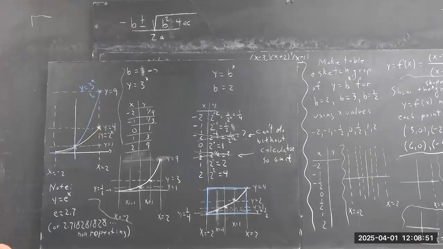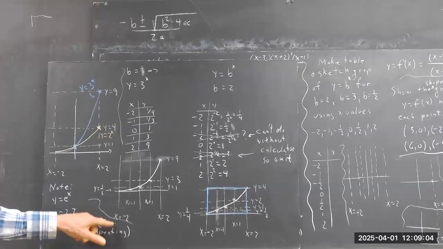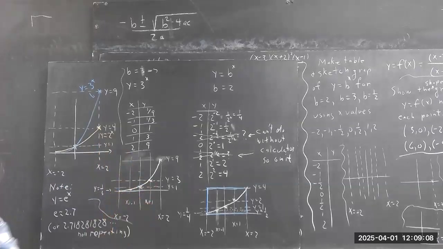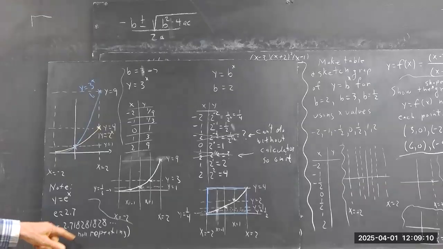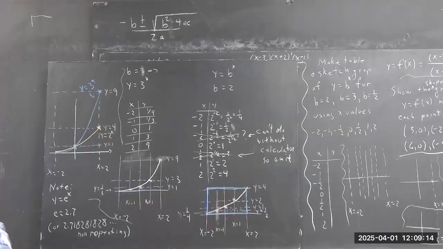I tell you, there it is. It's not hard to remember because you got that 1828, 1828 that repeats, but it doesn't repeat again. The next few digits are not 1828. Okay, it's a non-repeating number. It's irrational. It goes on forever.